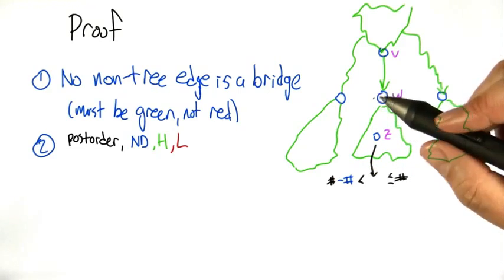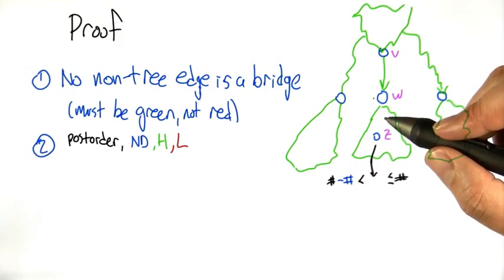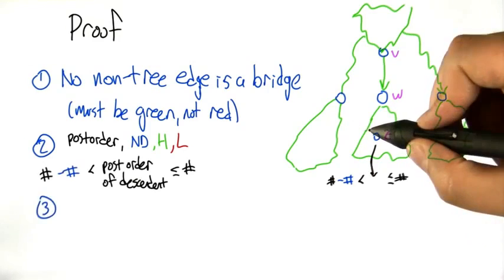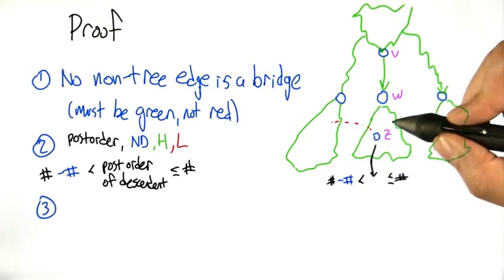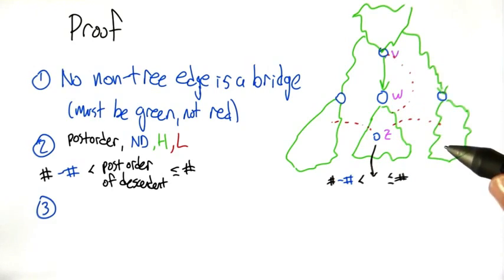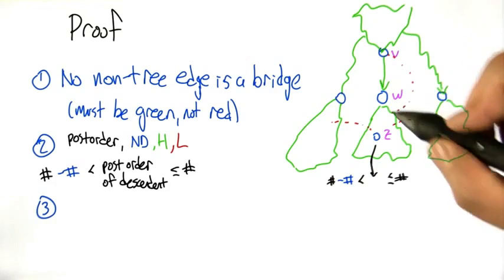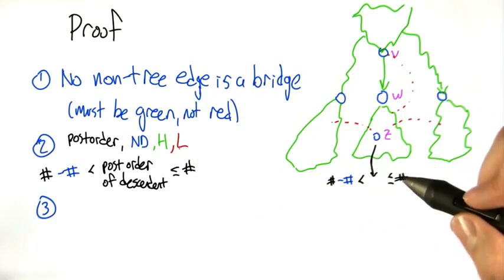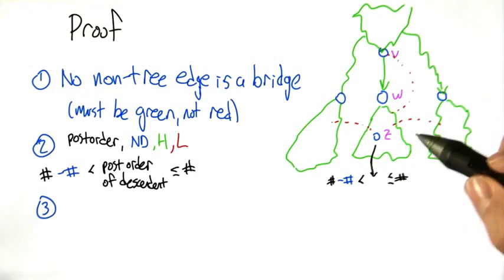So that property is kind of obvious perhaps, but we're almost there. The only way that this edge is not a bridge is if there's some non-tree edge that takes us out somehow and connects to something else in the tree. Now, what would happen to the H value or the L value if we had one of these edges?